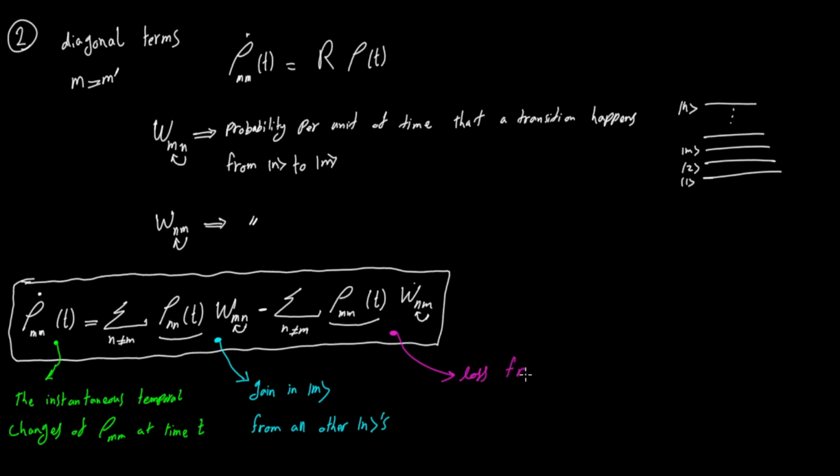So loss from m to all others. All others means this sigma here, all other n's. Okay, so that's it, guys. This is the equation, and I hope that you got a good intuition of this rate or master equation. We're going to continue this discussion in the next videos.